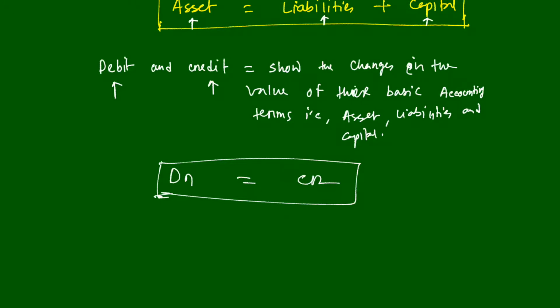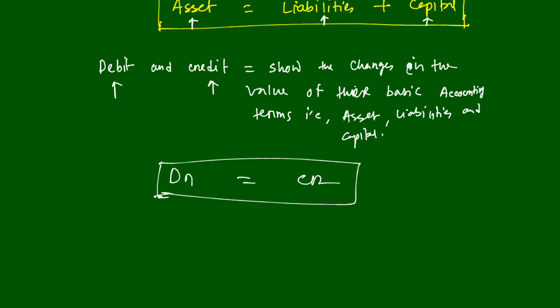So every accounting transaction has two sides, we know, debit and credit. These are the two signs used in accounting to present the financial effect of a business transaction. All business transactions must have a debit and its corresponding credit in the same amount.